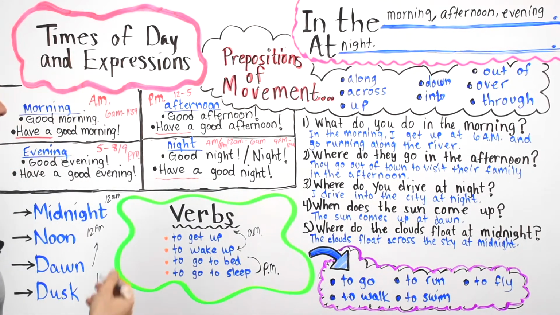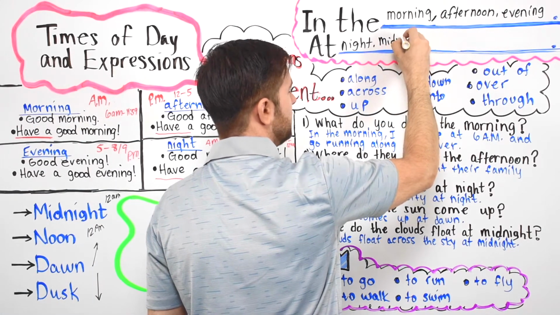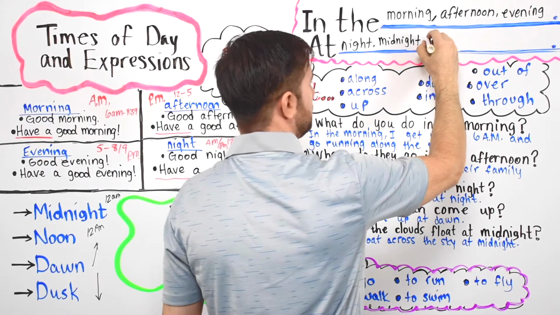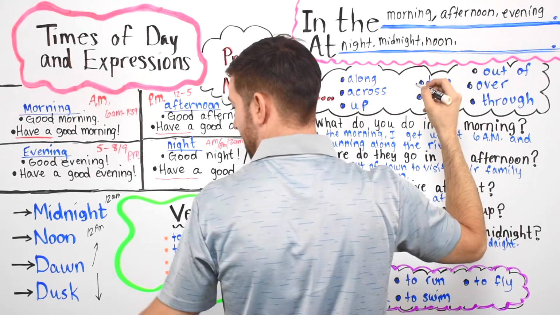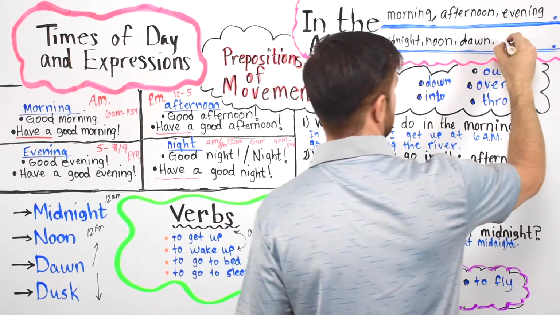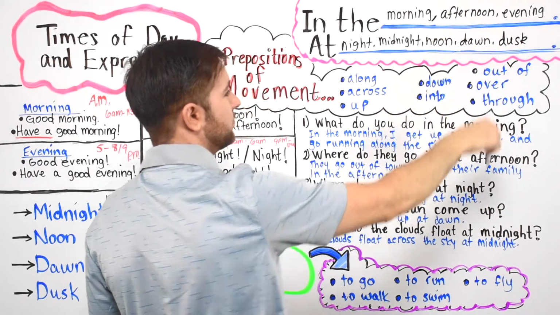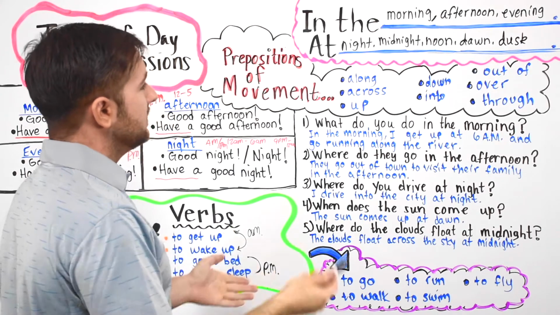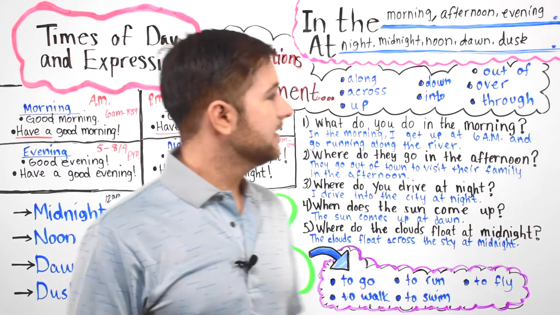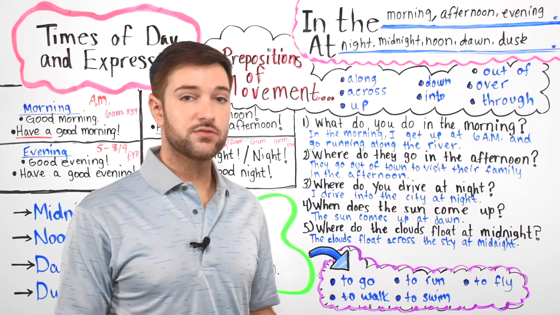You could say as well at midnight, or you could say at noon, N-O-O-N, at dawn, D-A-W-N, and finally at dusk, when the sun goes down. Remember, dawn is when the sun comes up, dusk is when the sun goes down. So in the morning, in the afternoon, in the evening, at night, at midnight, at noon, at dawn, and at dusk. Pretty easy for you to remember.